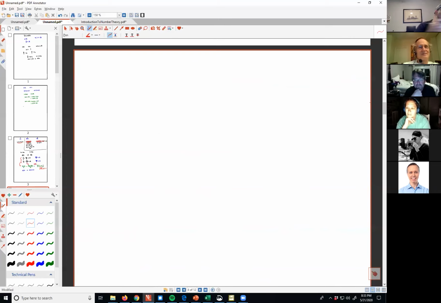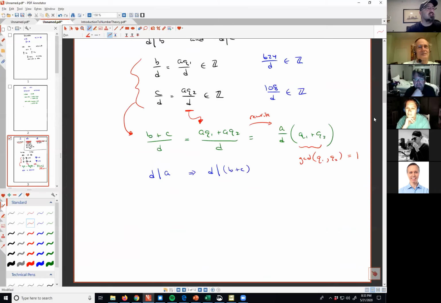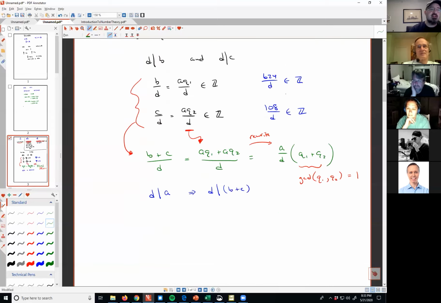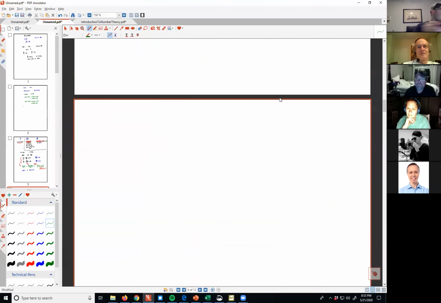But you know, if we want to go through the process of finding, for instance, the greatest common divisor, which would mean finding all of the common divisors of B and C, then this is what we need to do. We want to be able to trust two facts.